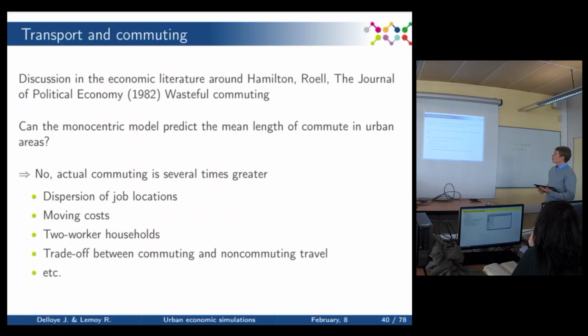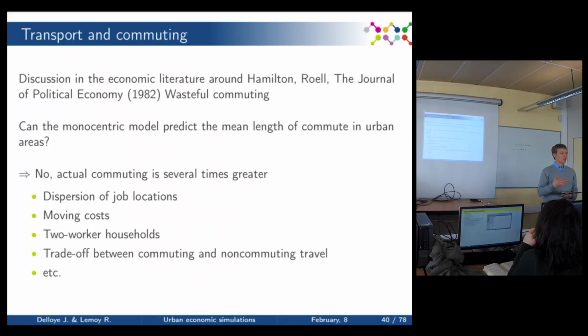For instance, there was a big discussion in the economic literature on a paper called Wasteful Commuting in 1982. The question asked was: can the monocentric model predict the actual commute lengths in urban areas? And the answer was no.